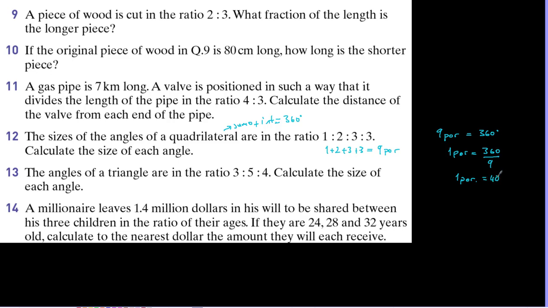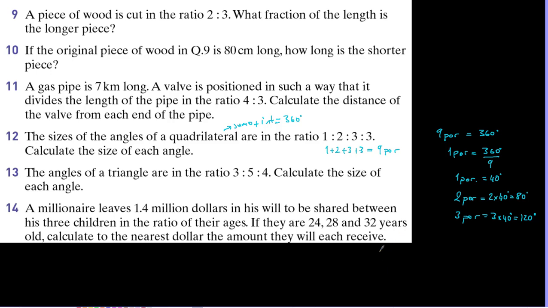36 divided by 9 is 4, so 360 divided by 9 should be 40. So one portion is 40, 2 portions is equal to 2 times 40, which is equal to 80 degrees. 3 portions should be equal to 3 times 40, which is equal to 120.